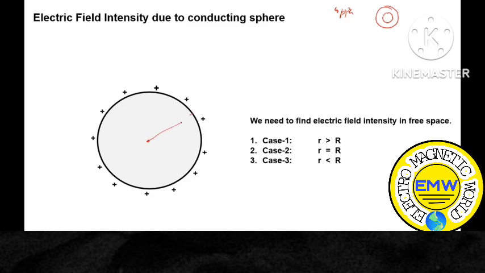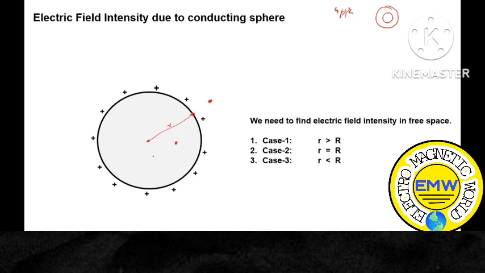So there might be three cases. Maybe the point of interest is outside the sphere, maybe over the sphere line, the Gaussian line, or maybe inside the sphere. These three conditions may exist when we are considering the spherical surface.